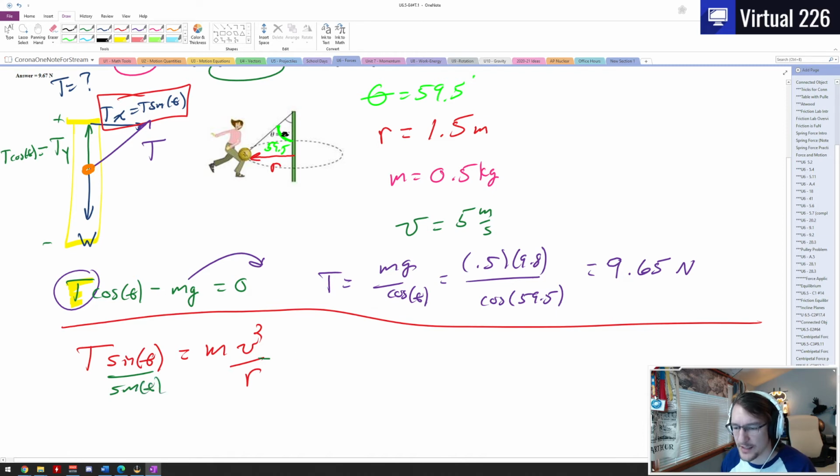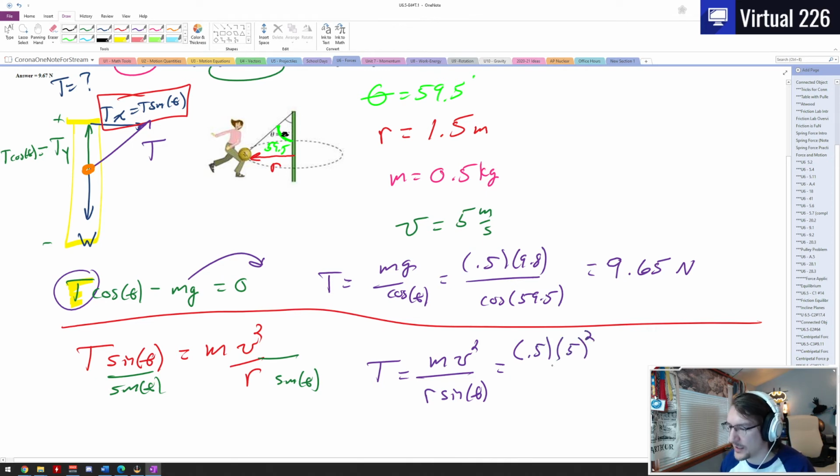If we go down below and solve this for tension here, we just have to divide by the sine of theta on each side. So we quickly see that our tension will equal mv squared over r sine theta. And if we put in our numbers here, that's 0.5 times our velocity, which is 5 squared, so it's going to become 25 in a second, divided by 1.5 and the sine of 59.5.